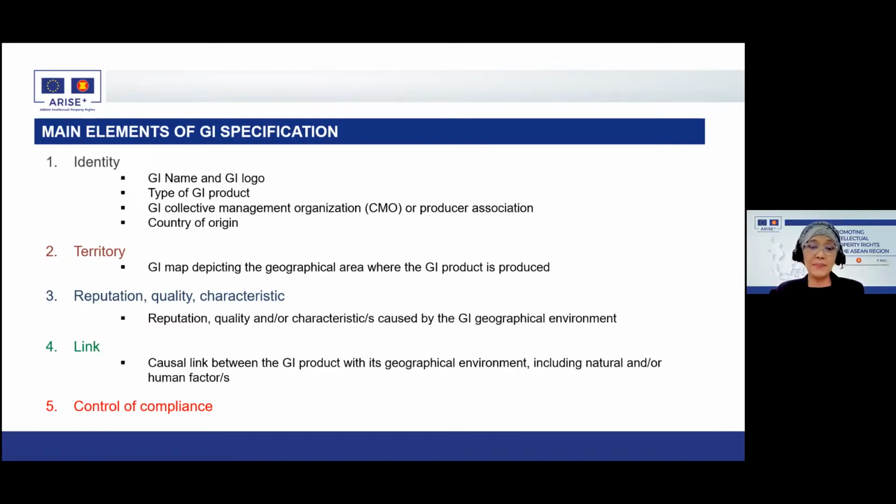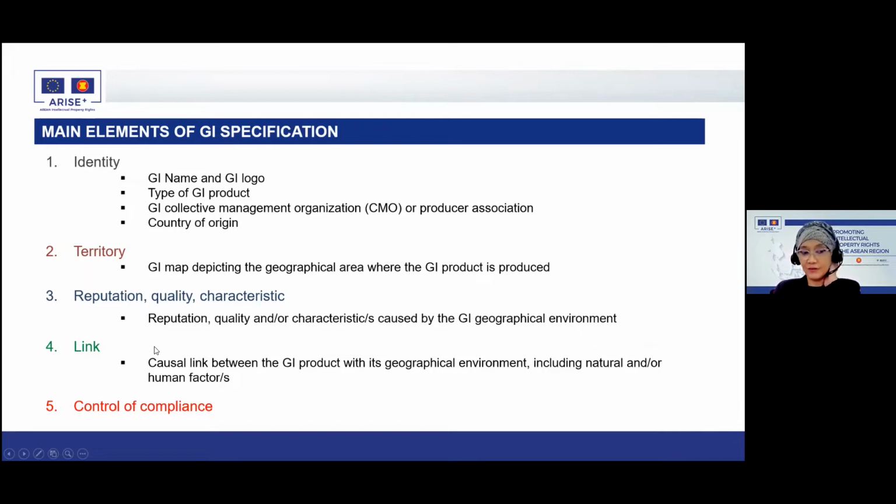GI map means a map that depicts the geographical area where the GI product is produced. Okay. Thirdly, reputation, quality, and characteristic. Reputation, quality, and or characteristic should be caused by the GI geographical environment. And the link.